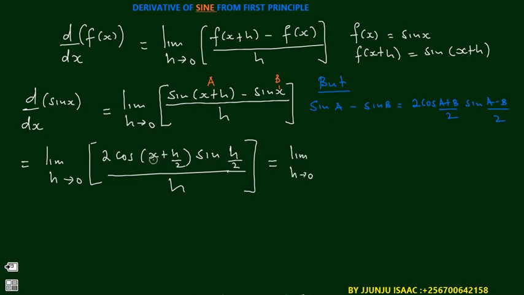I'm going to first extract this cos here alone, then it will be cos x plus h over 2. Again, I take 2 sine h over 2, which will be times 2 sine h over 2 over h.